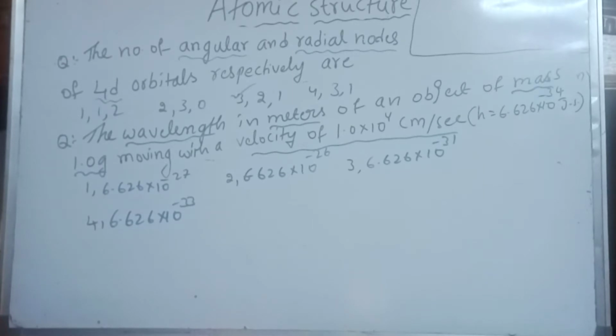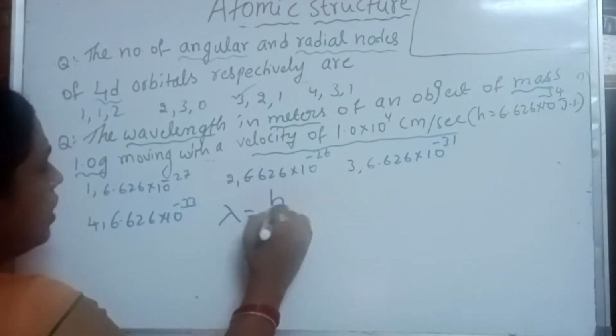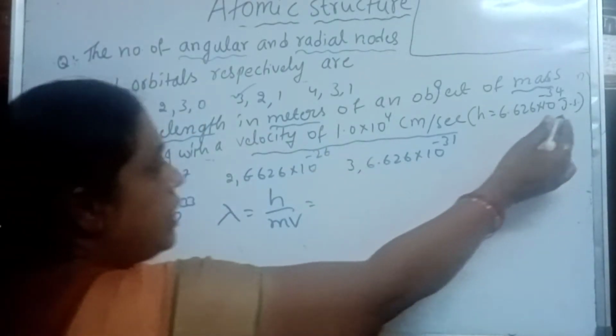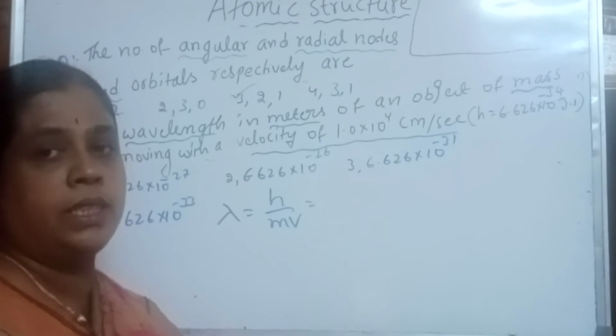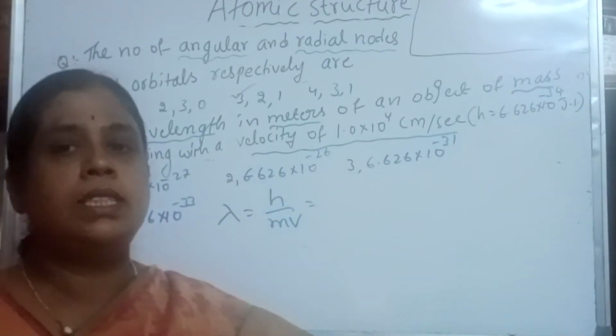The de Broglie equation is lambda is equal to h by mv. The h value is given in SI units, but the mass and velocity are given in CGS units.